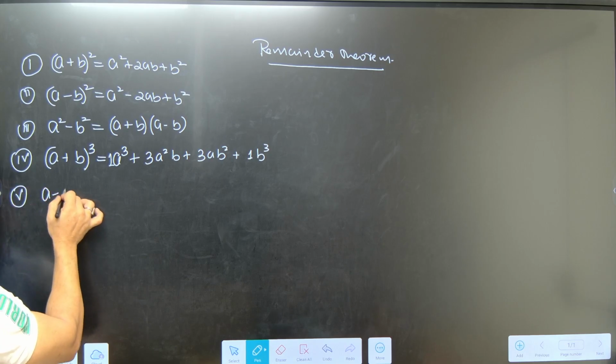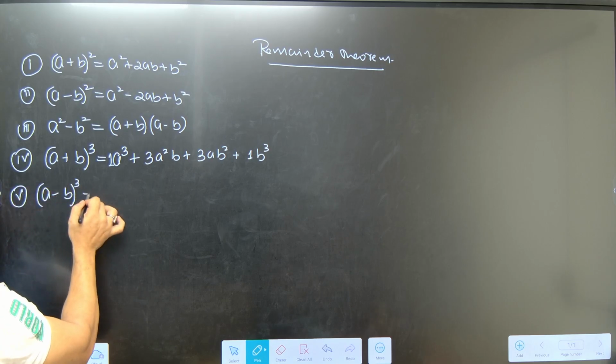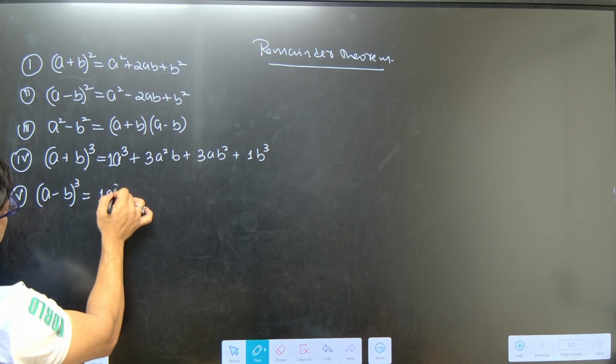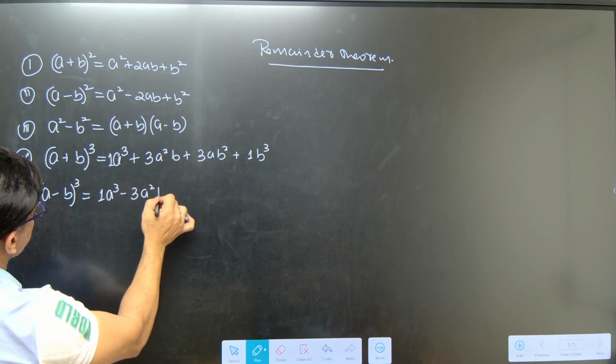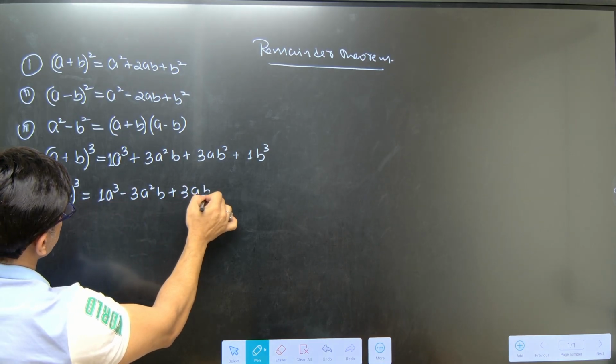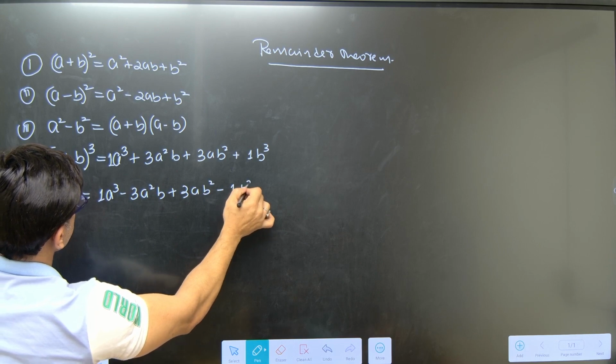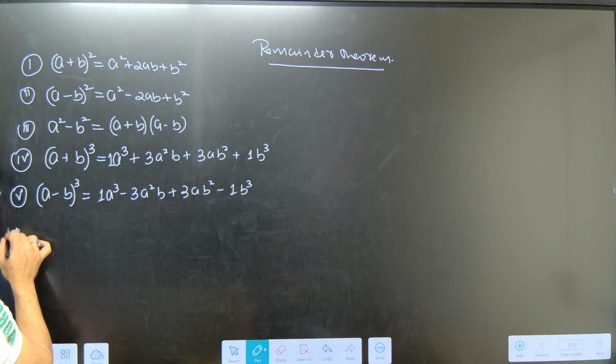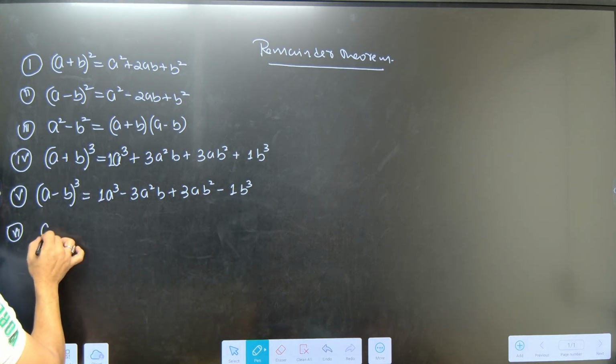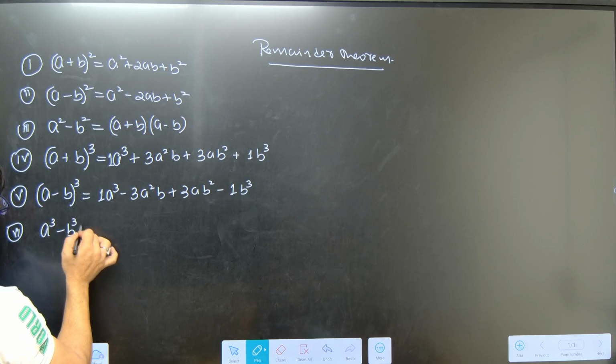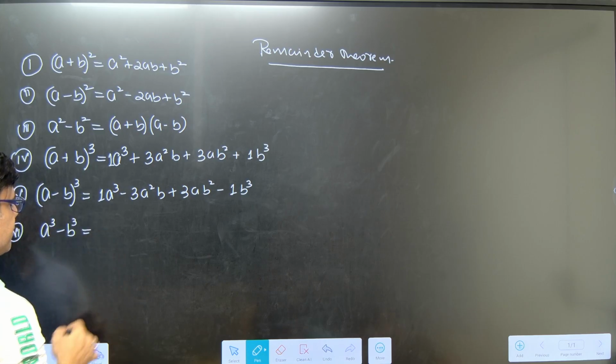Fifth is a minus b whole cube. That's a cube minus 3a square b plus 3ab square minus b cube. Throat is not well.